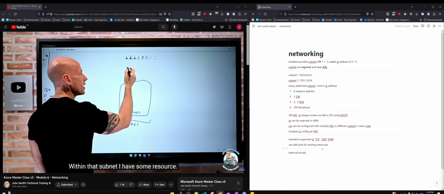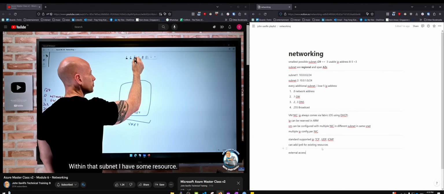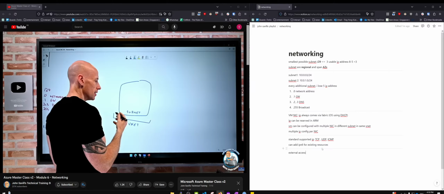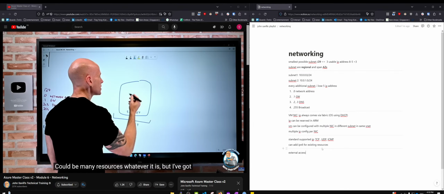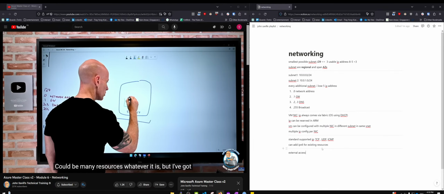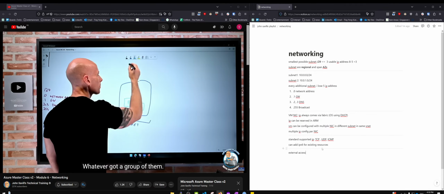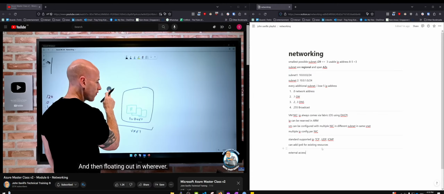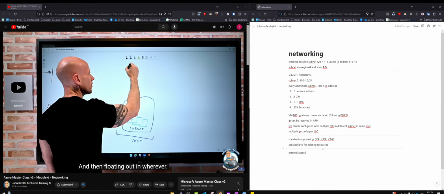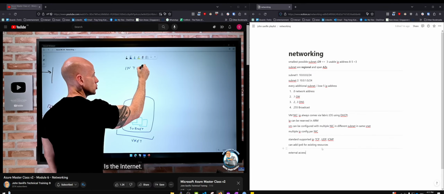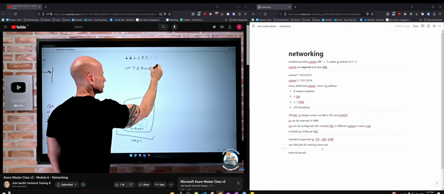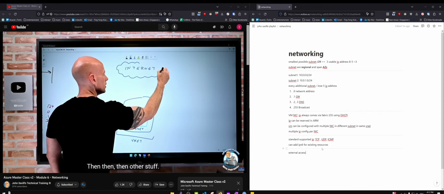Within that subnet, I have some resource. Could be many resources, could be VMs, whatever it is, I've got a group of them. And then floating out in wherever is the internet. Other stuff.